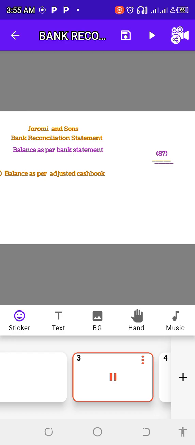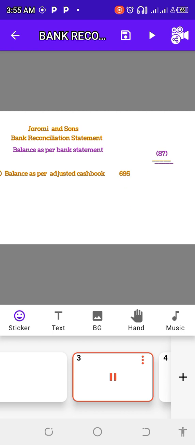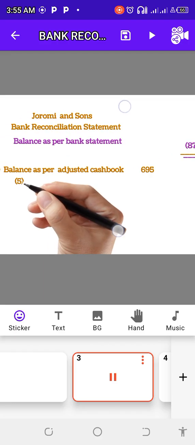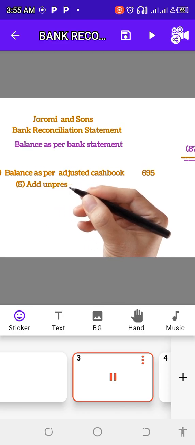And the balance at the adjusted cash book is what? 695. That is the balance as per the adjusted cash book. What we need to do, item 5 there, is add unpresented check.